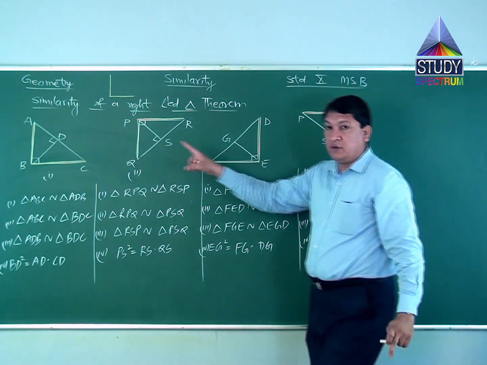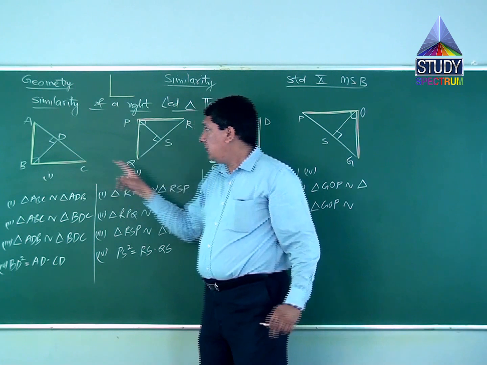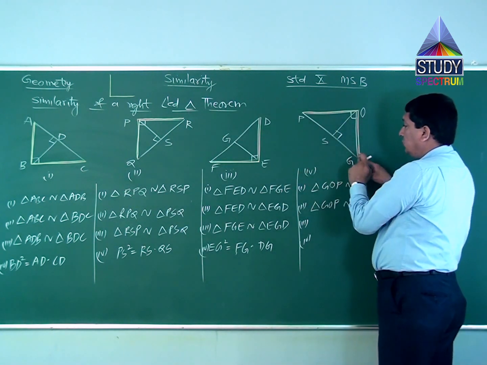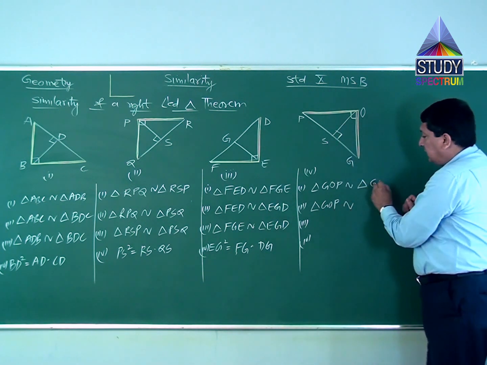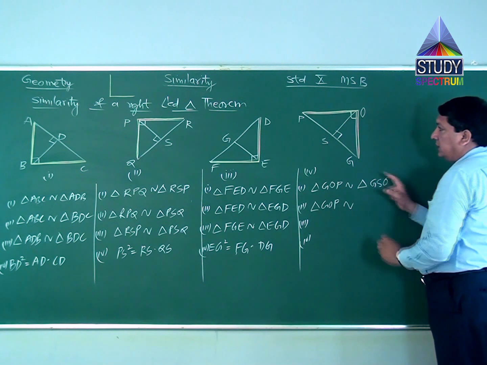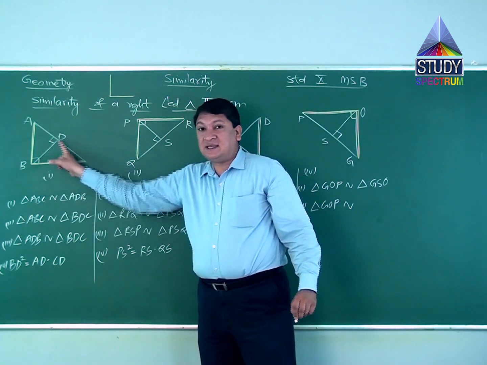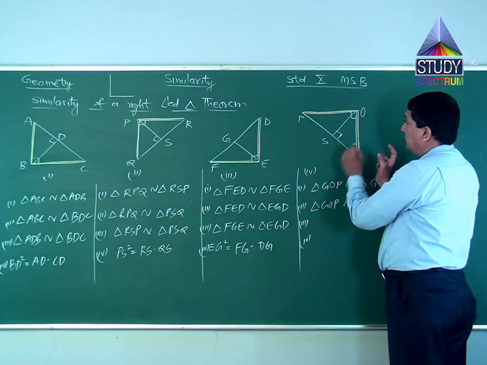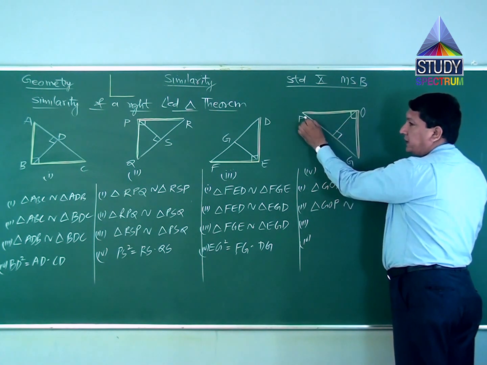If you look at how we have done it, triangle ADB, right? Once the direction of this is changed, this will become triangle GSO. Then the second time, it was triangle BDC. So this time, once the direction is changed, this will be triangle OSP, right?